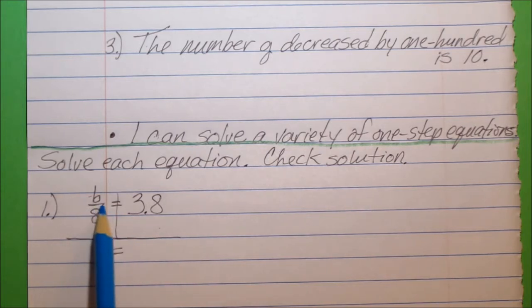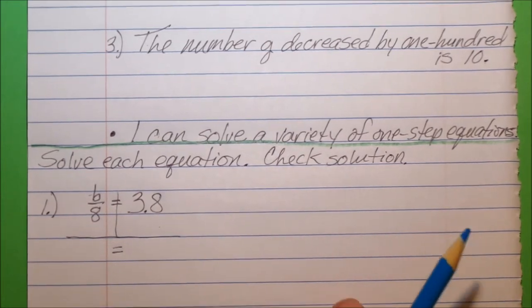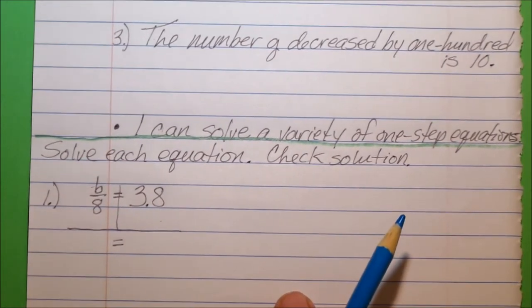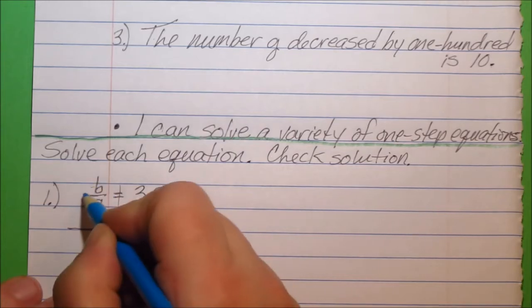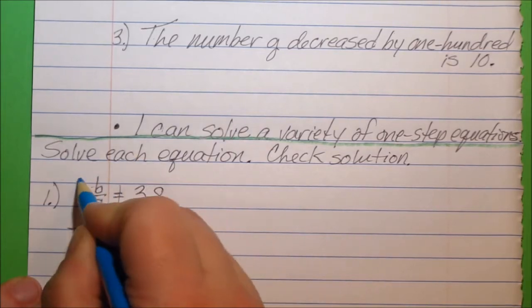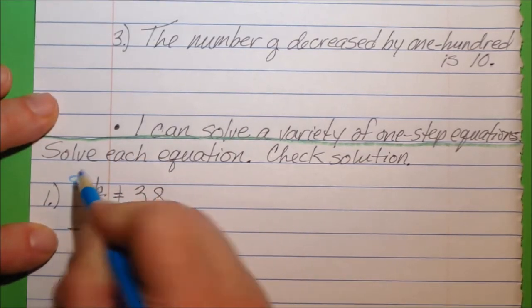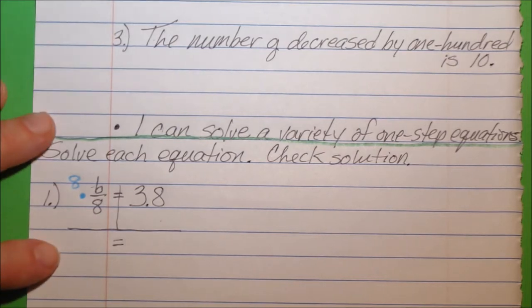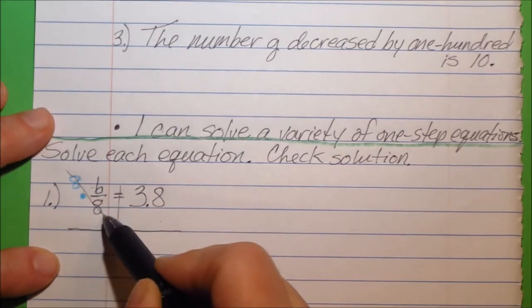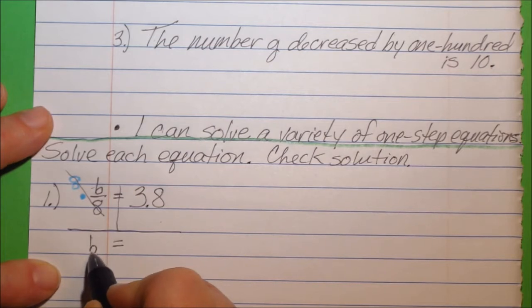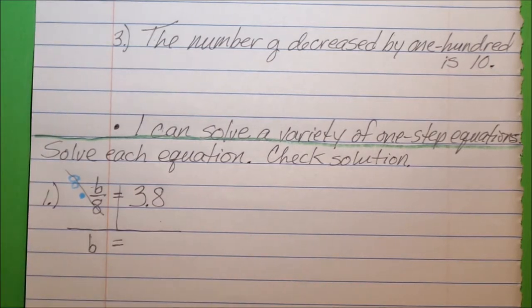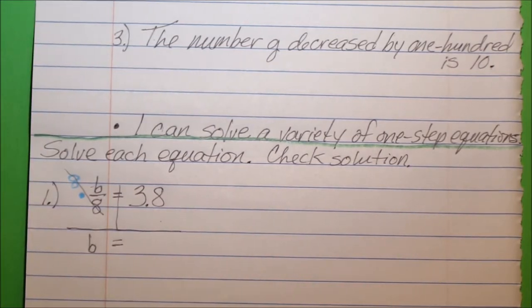Well, I know this fraction bar means division. So the inverse operation of division is multiplication. So I'm going to multiply by 8. That allows me to cancel out the 8's, bring down the variable b, and now b is all by itself on its side of the equation.